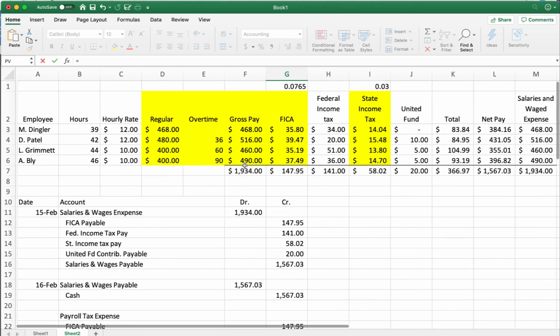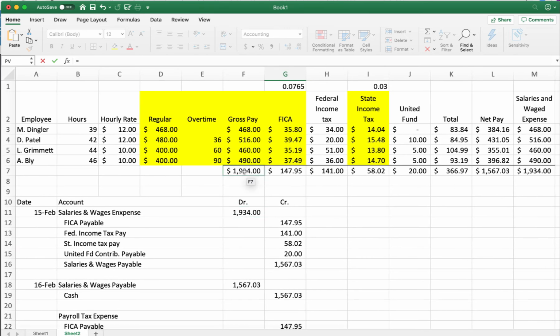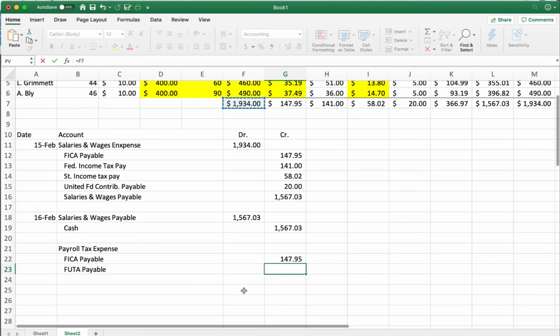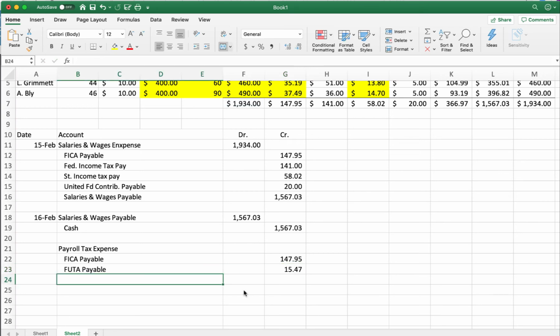So I already know what my gross wages are. They're in my payroll registry. I'm going to click that, and then I'm going to multiply it by 0.008. So the FUTA payable, or the federal unemployment tax that the employer pays, is $15.47.